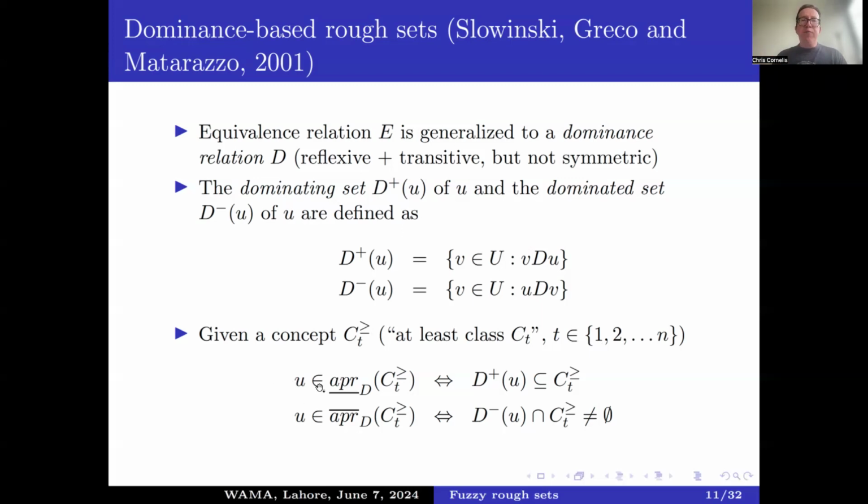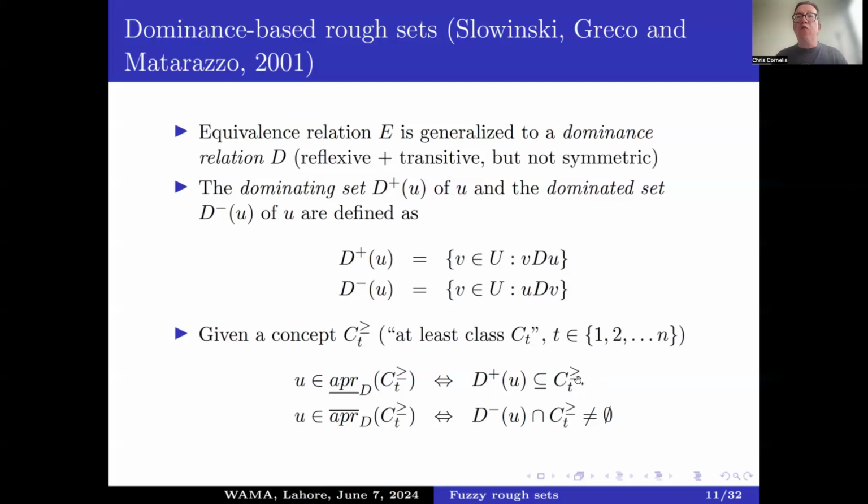And an object U will belong to the lower approximation, will be certainly at least as good as Cl_t, if D plus of U, if all the objects which dominate U, which are at least as good as U, also have a class at least equal to t. Likewise, the object will belong to the upper approximation if there is at least one object which is dominated by U, such that it has a classification at least equal to t.